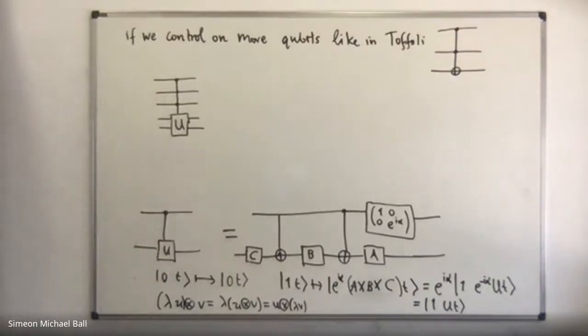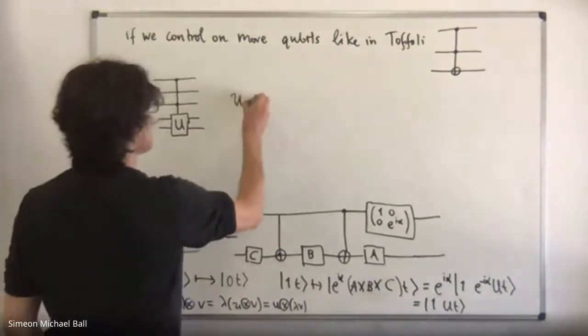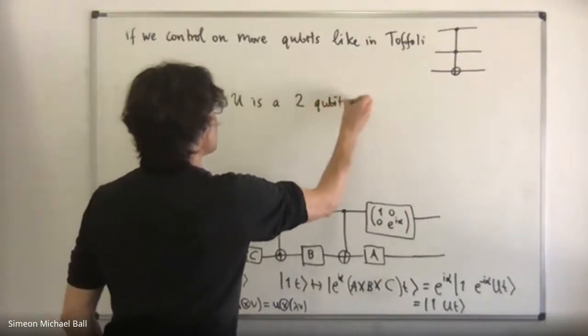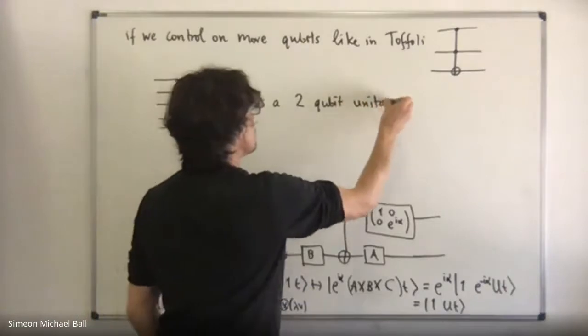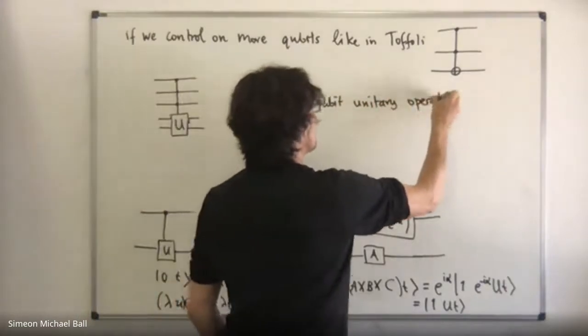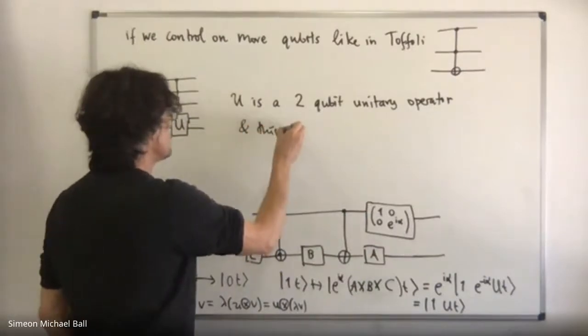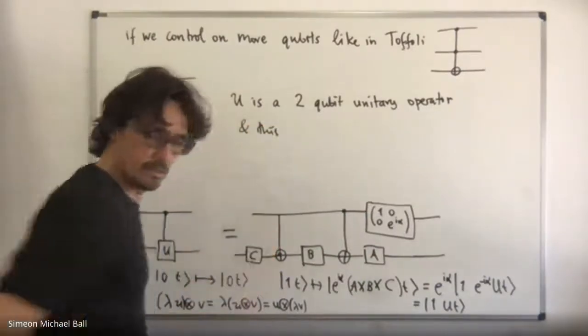Okay, so this would be, for example, a 2-qubit unitary operator. And here is control.